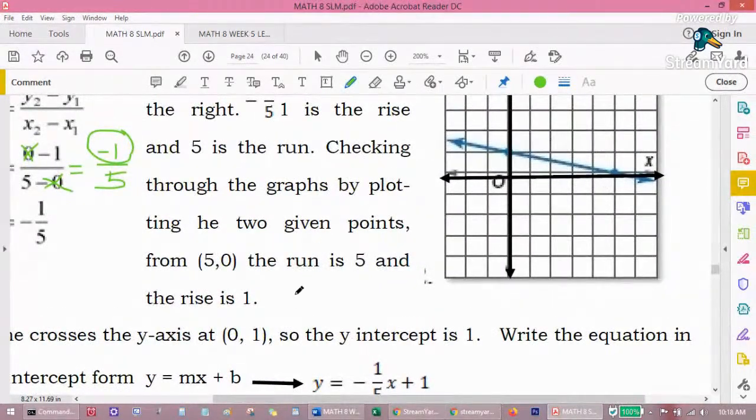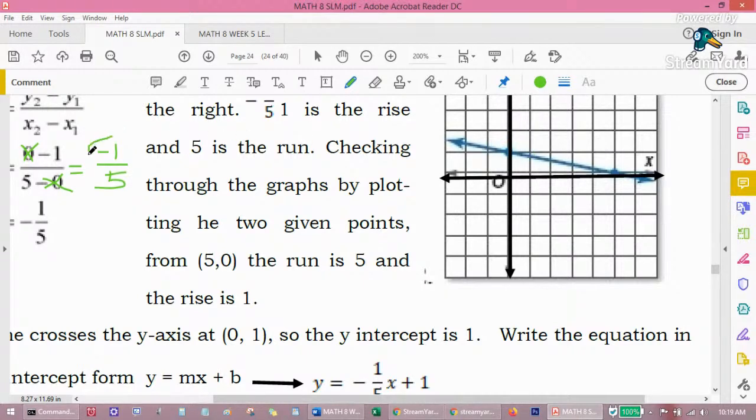So, paano ba tayo magbasa? Nagbabasa tayo simula sa left, papunta sa right. Titignan natin itong dalawang points na to. Sino yung nasa left? Ito. So, dito tayo magsisimula.